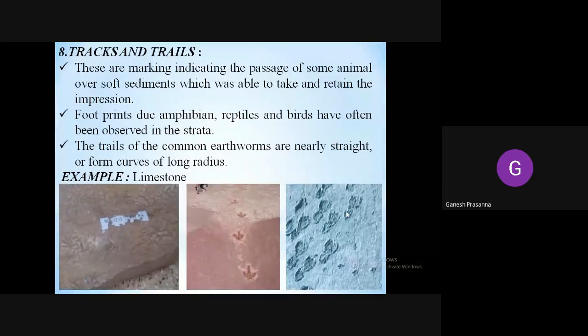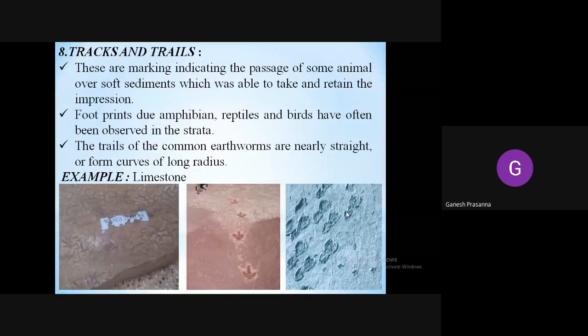If water has been logged in an area, and the soil comprises moisture content, then whenever a human being or any animals or organisms move on it, they cause certain footprints to be formed on the surface. Okay, so when the impressions made by the movement of those animals, organisms or human beings on the soil or the rock are preserved, they form the tracks and trails of the organisms.